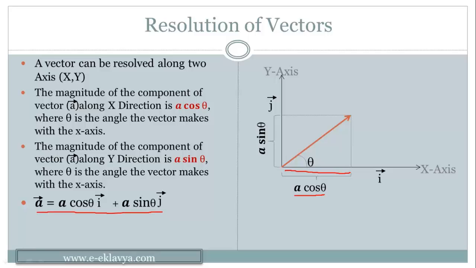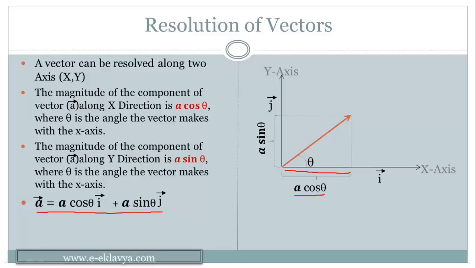And you can only resolve a vector once. That does not mean that if you have a vector along the x-axis, you should further resolve it along the y-axis or something like that.